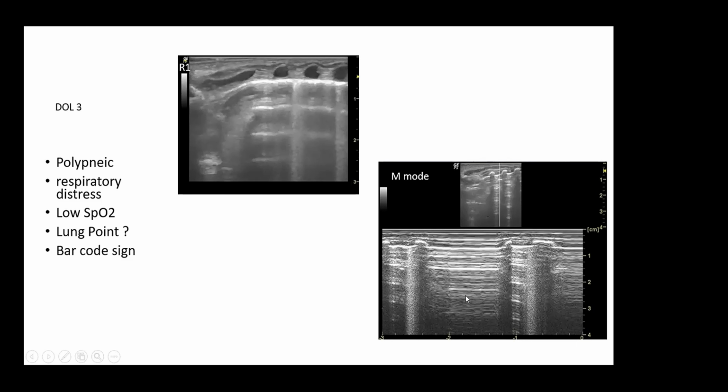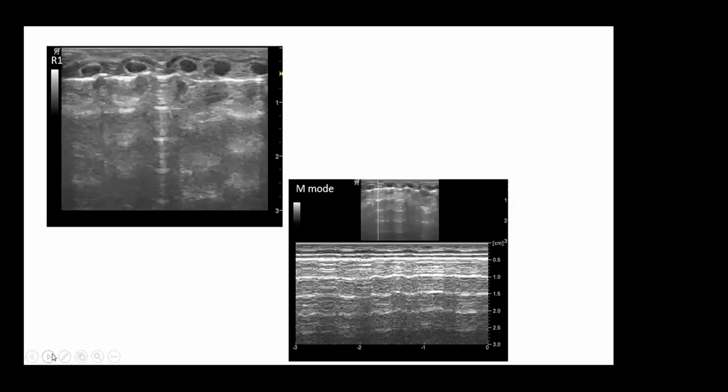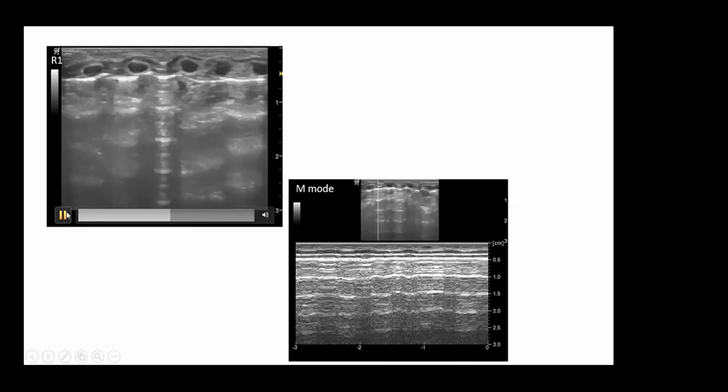I was starting ultrasound, I was not so confident. So I did it in another mode. I tried again, and I think this is more clear that we have the lung point. This is sliding, and here not sliding so well. And in M mode, I think here is a more clear barcode sign. Absolutely.